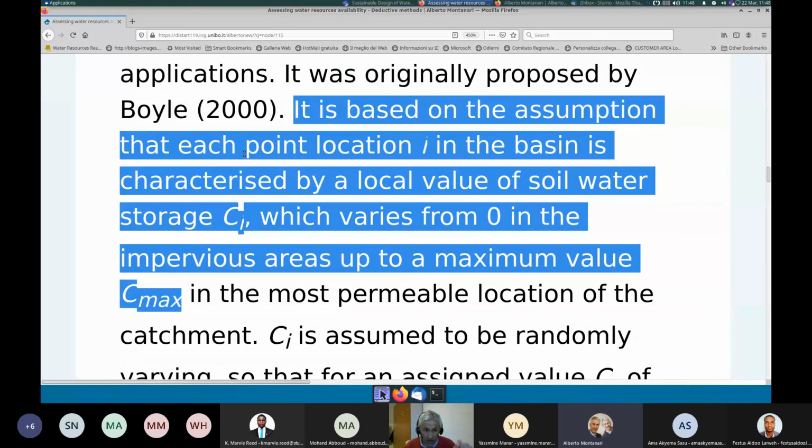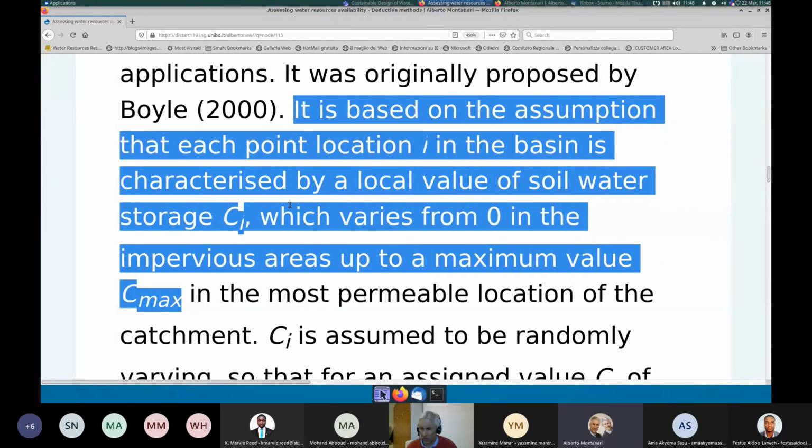Now, this is the main assumption that you have to understand. Each point location I in the catchment is characterized by a local value of soil water storage CI, which varies from 0 to the max value. Why is it important? Because if a location has a storage CI, and you have rainfall less than the storage, then you don't see any runoff.